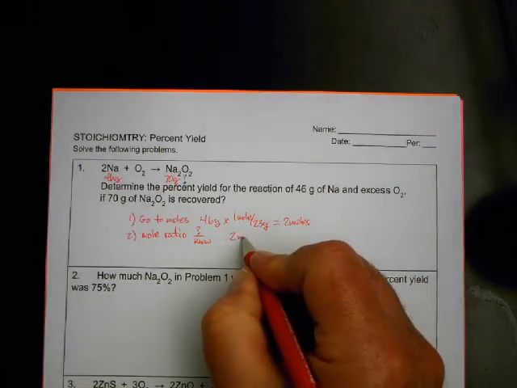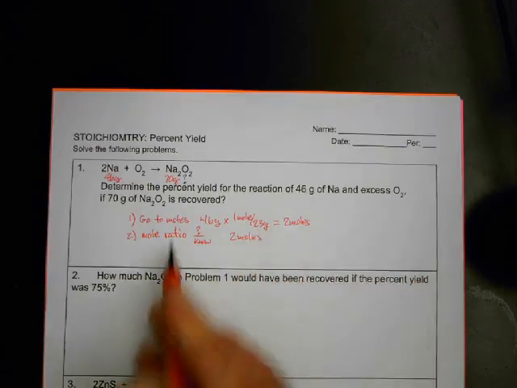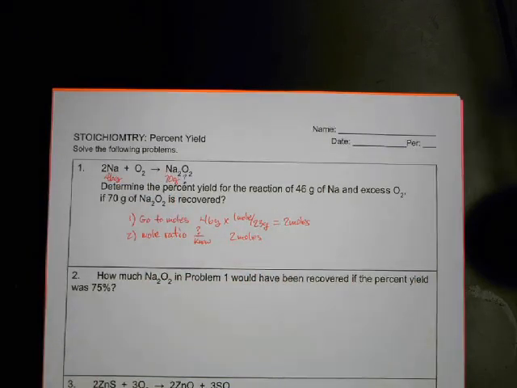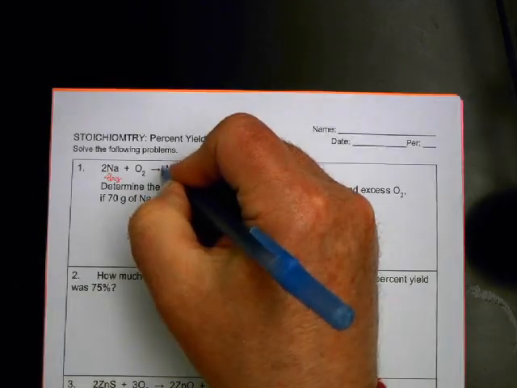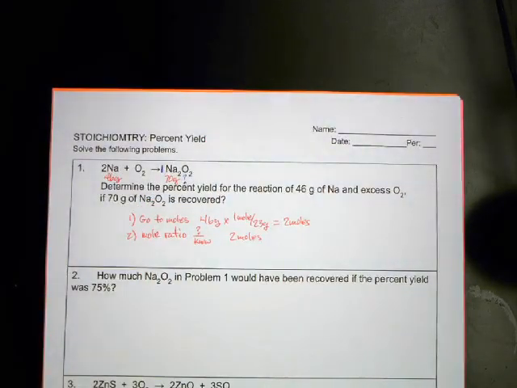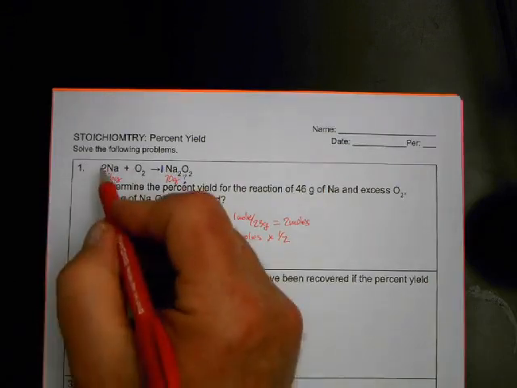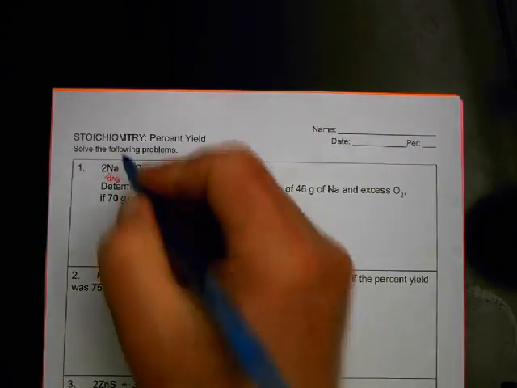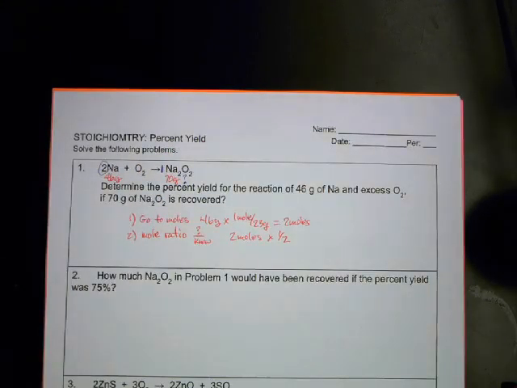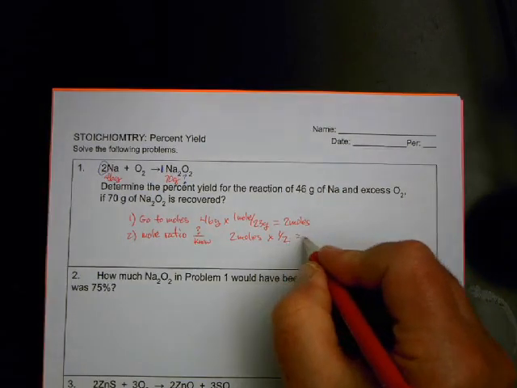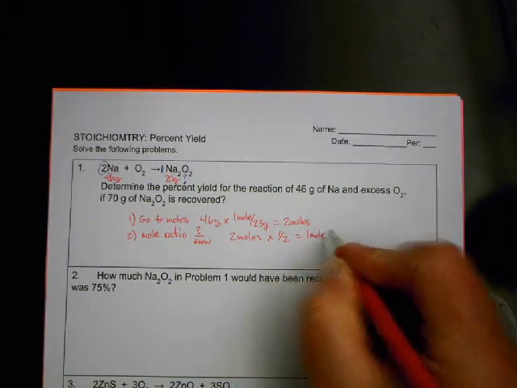So I'm going to have the 2 moles times, there's nothing in front of this, so that's automatically a 1. So 2 moles times 1/2, there's a 2 here, which of course is just 1 mole.